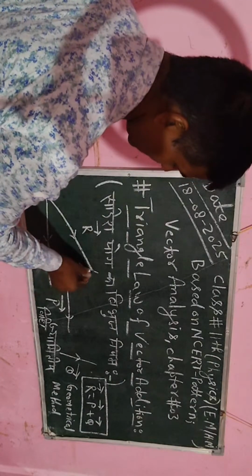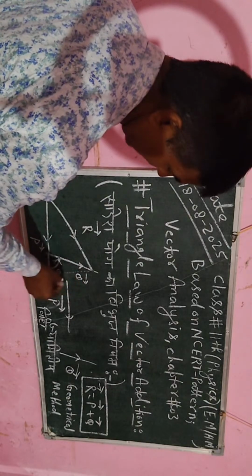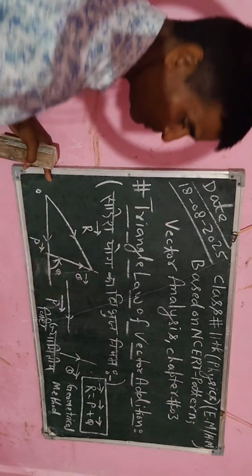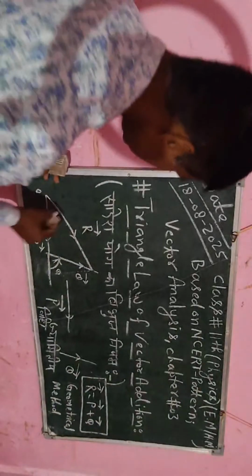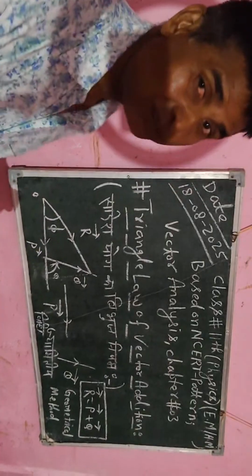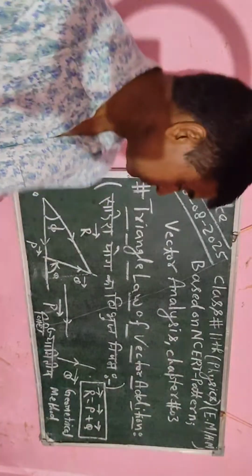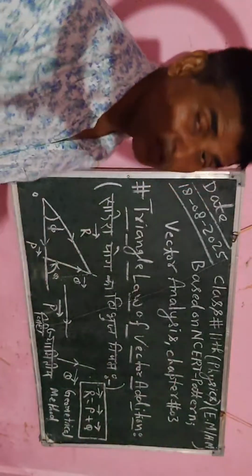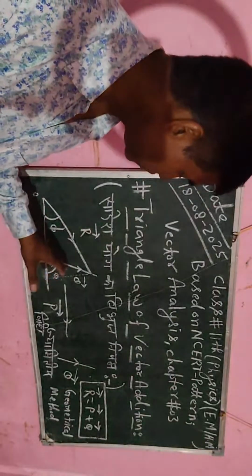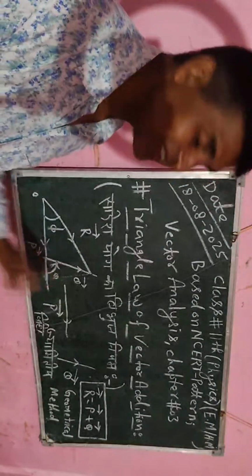I will also draw a line from that point to this line, and I will use the Pythagoras theorem to get this angle and the resultant vector. That method is also known as the analytical method, which I will use to find this phi angle when the theta angle is given.